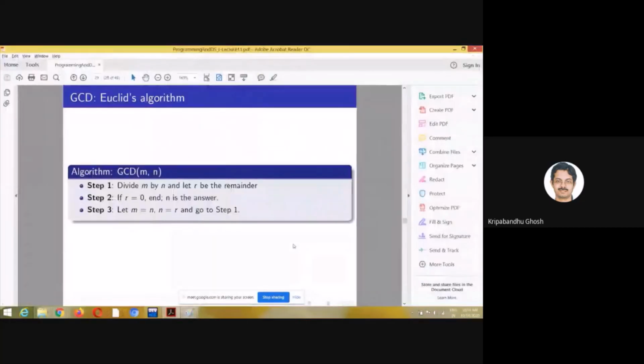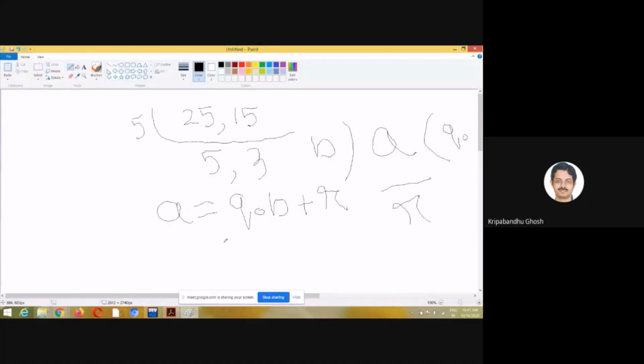You can prove by back calculation very easily that if we can write A equals Q1 B, then B divides A.